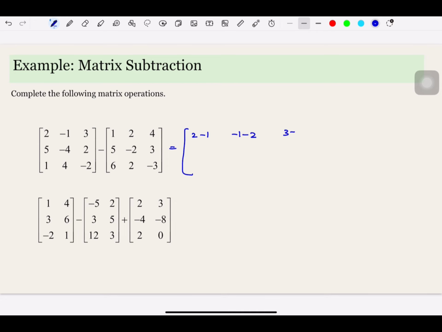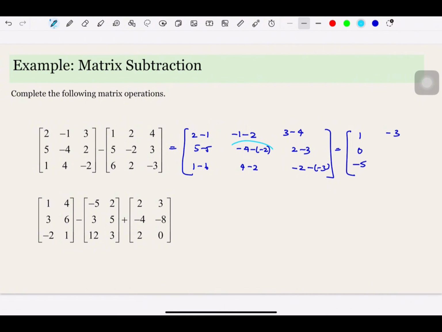And then 3 minus 4, 5 minus 5, -4 minus -2, 2 minus 3, 1 minus 6, 4 minus 2, -2 minus -3. So let's simplify this. So this is going to be 1, 0, -5, -3.